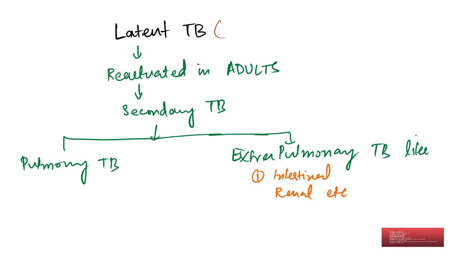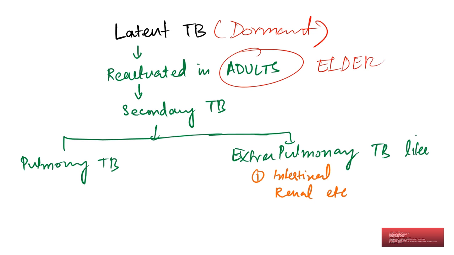So, in the dormant or latent stage, it can be reactivated. This latent or dormant tuberculosis can be reactivated in adults and elders, mostly in alcoholics, in smokers, in the immunocompromised, having AIDS-like diseases.